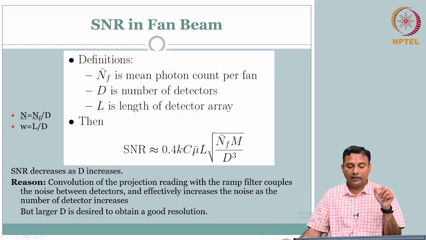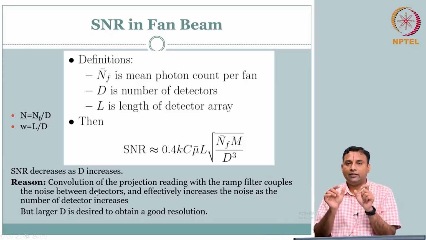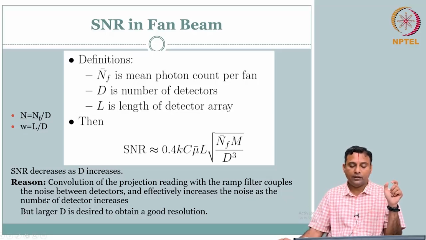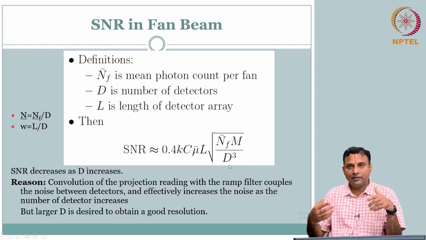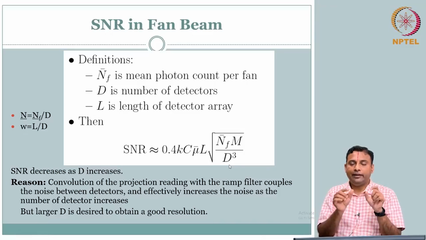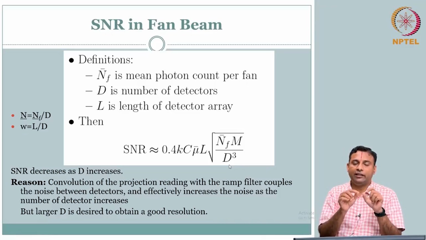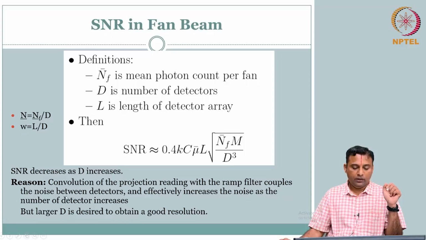So because of that, the neighboring detectors are not independent. So there is a coupling that is taking place, and therefore the noise between the detectors is coming into the picture. So this effectively increases the noise. So the more detectors in this configuration, the more detector interference there is, and therefore your noise is going up. Okay.